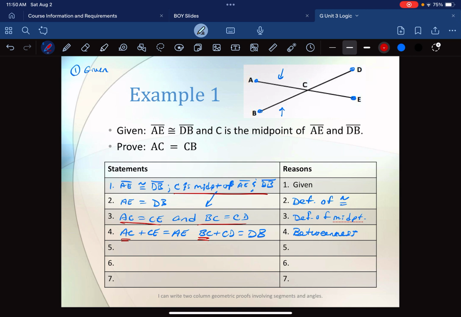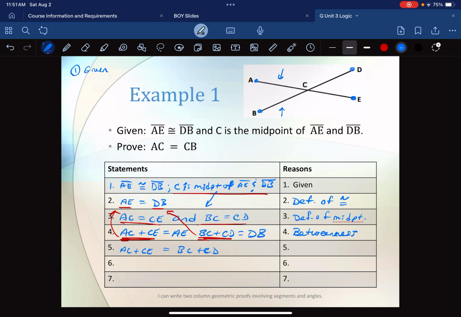Well, what do I know about AE and DB? I know they're equal. So I know that this statement, which is AE, and this statement, which is DB, are equal to each other. I can substitute them back in here, like this. AC plus CE equals BC plus CD, okay?